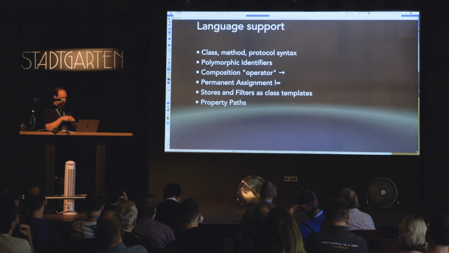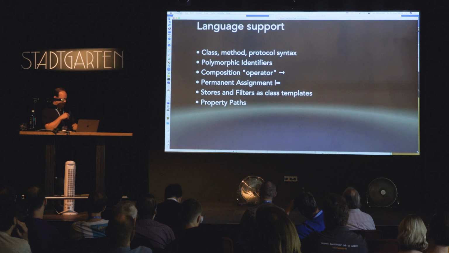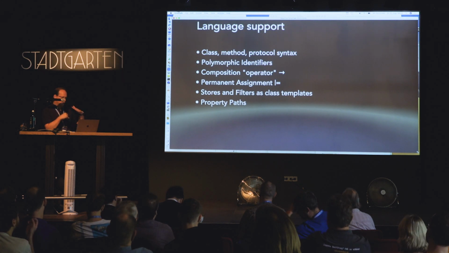There's a permanent assignment, which is like an assignment, but just says, please keep these in sync, so it does a data flow constraint. And then stores and filters are implemented as class templates. And stores also, because they need to deal with polymorphic identifiers, doing that using a method interface becomes inconvenient.